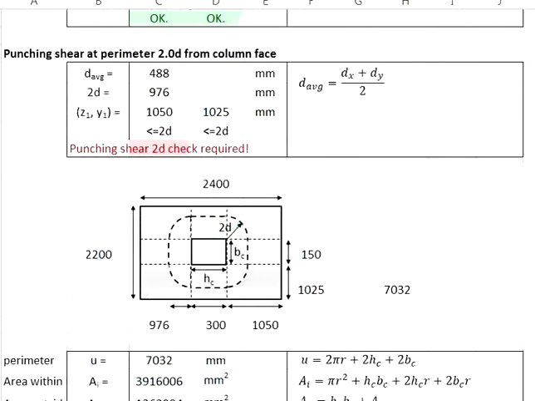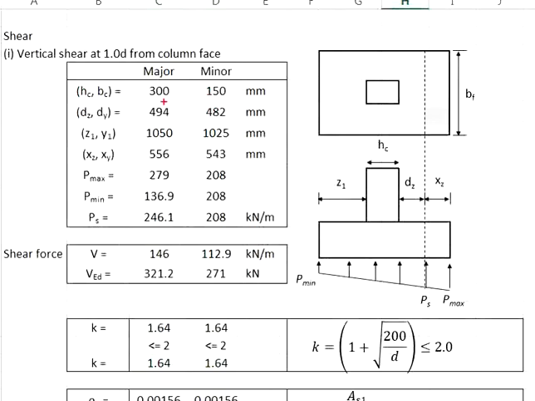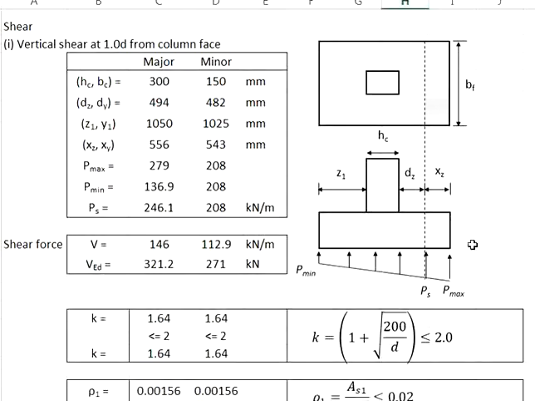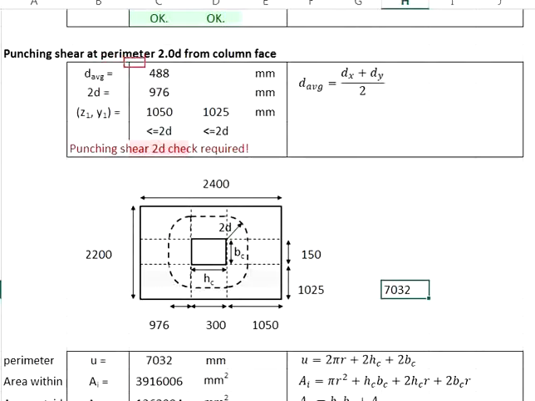Now, in the process of calculating the pad footing, especially to compute the effective depth, we use the average value of the two. That means the d in the major axis plus the d in the minor axis divided by 2, that gives you the d average of 488 mm. 2 times this 488 mm will be 976 mm.